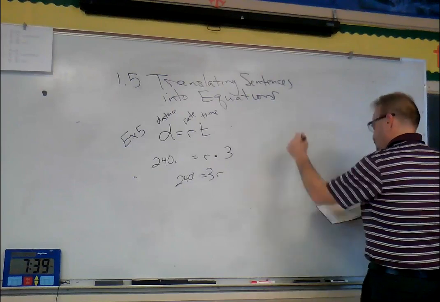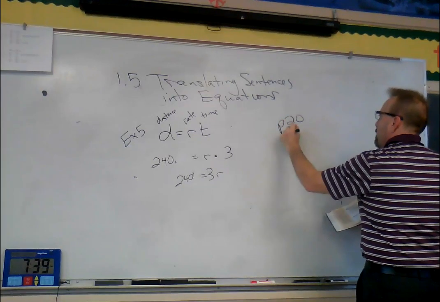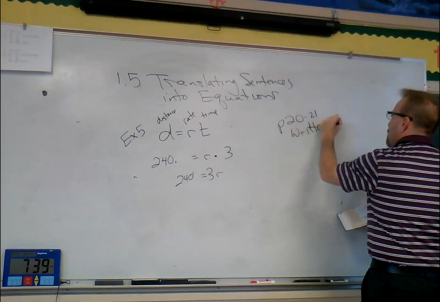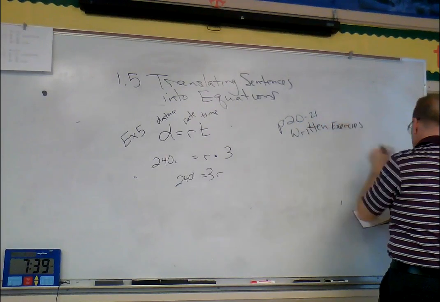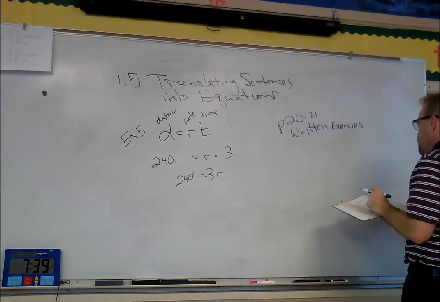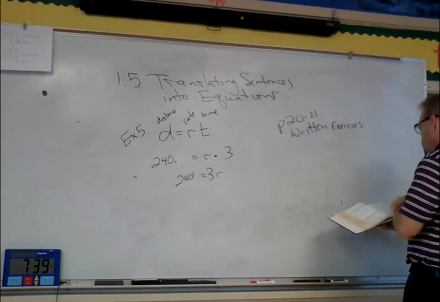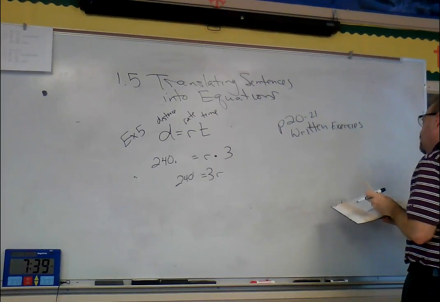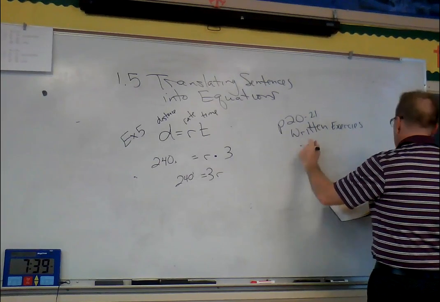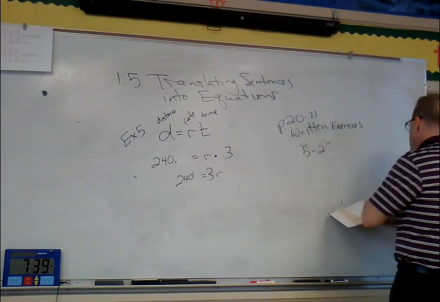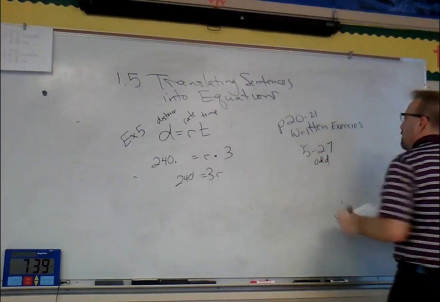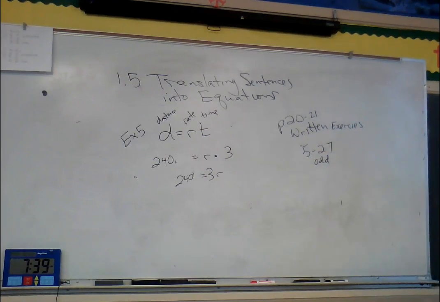So over on page 20, written 20 and 21. Let's start. It's 7, no, 5 through 25, 5 through 27 odd. 5 through 27 odd written exercises.